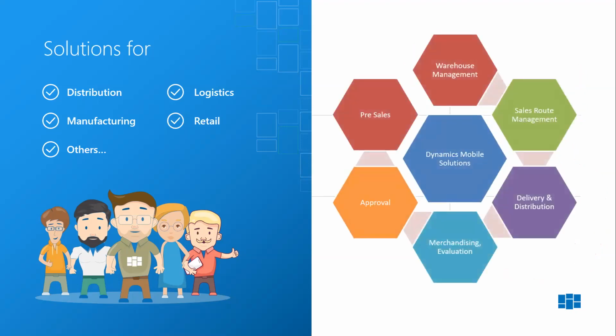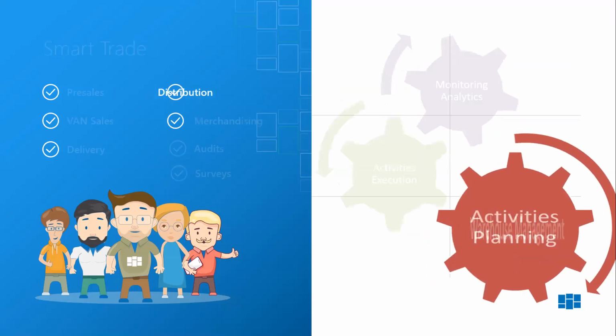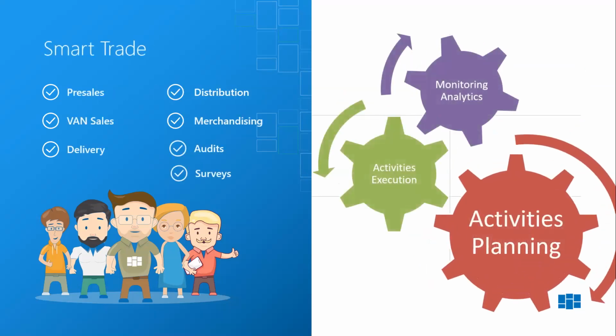The smart trade process simply allows the organizations to automate and manage a vast number of field activities, usually related to sales and merchandising, by using clearly distinguished iterations of planning, execution, and analytics.